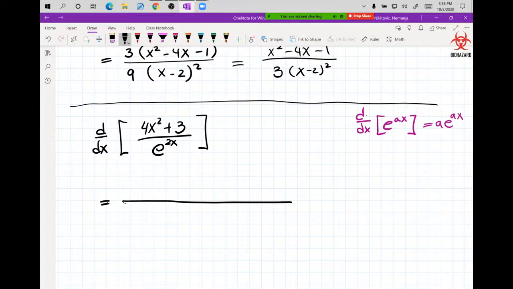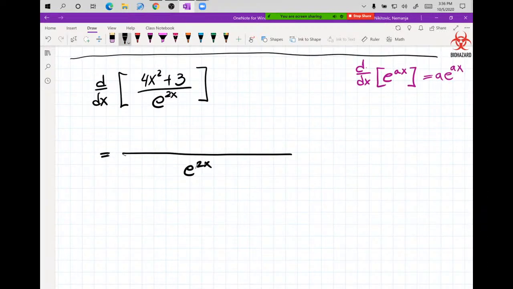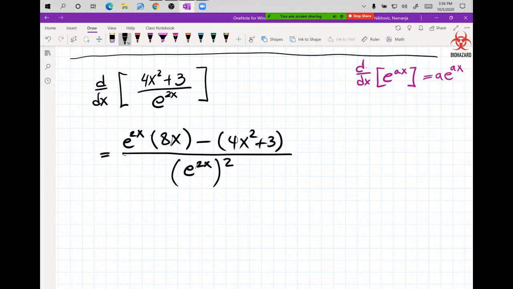All right, so let's start with squaring the denominator. Then copy the function as is. The derivative of the top is going to be 8x. And then minus, copy the top as is, times the derivative of the bottom.